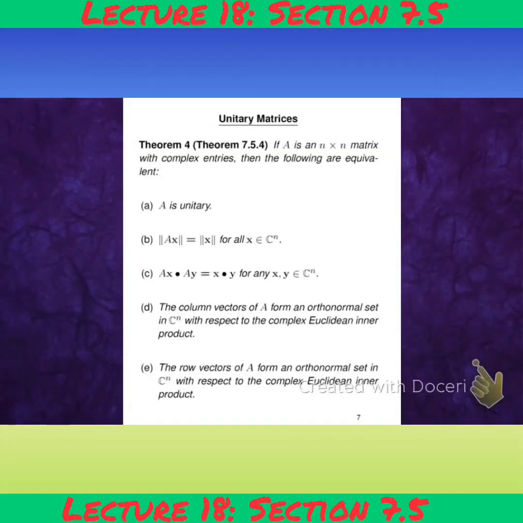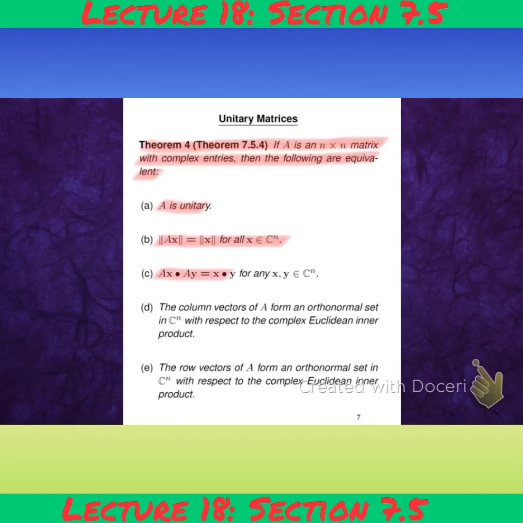Okay, so then we've got this little theorem on unitary matrices, very similar to the ones we did previously. If A is an n by n matrix with complex entries, then the following are equivalent. A is unitary is equivalent to saying this is true for all complex vectors x.